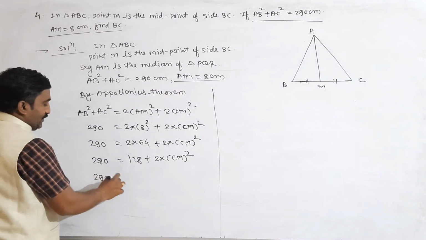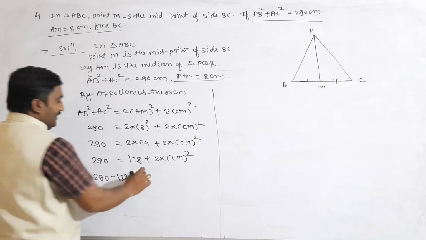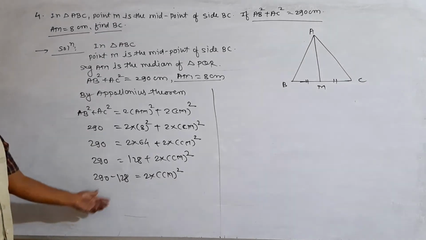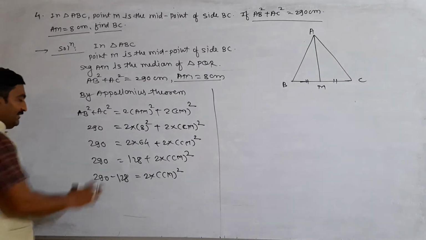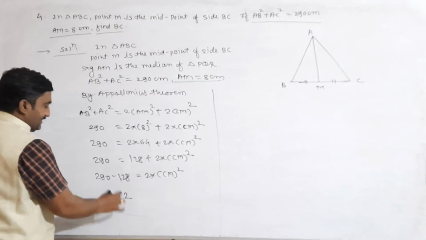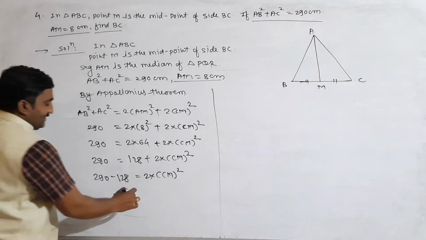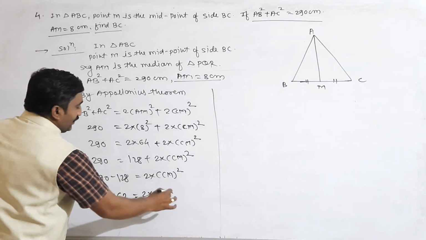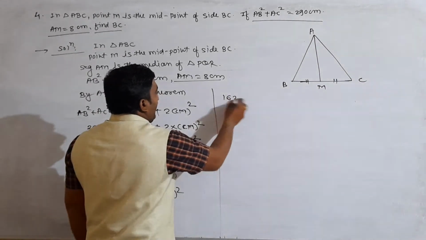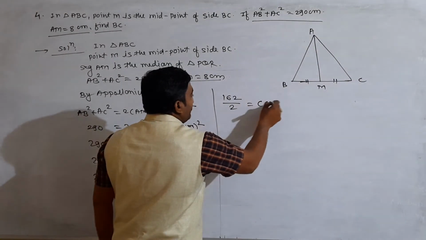128 goes to the other side with a minus sign: 290 minus 128 is equal to 2 into CM square. 290 minus 128 is 162. So 162 is equal to 2 into CM square. This 2 goes to division: 162 divided by 2 is equal to CM square.